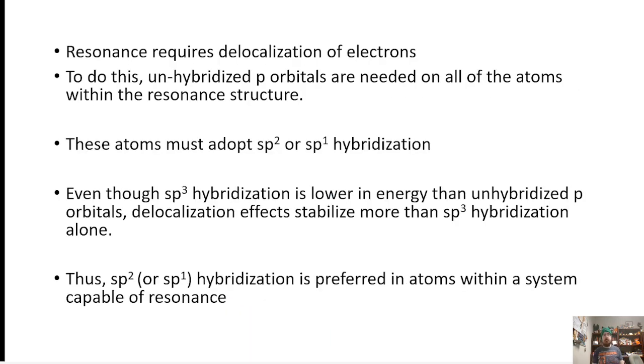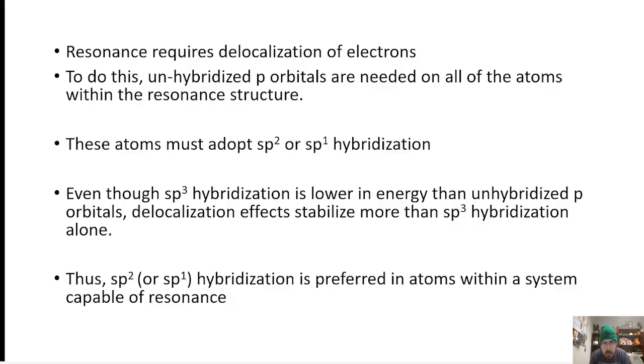Now, resonance requires the delocalization of electrons. To do this, we need unhybridized p orbitals on all the atoms within that resonance structure. Basically, the atoms must have adopted an sp2 or sp hybridization. Remember, the orbitals are s orbitals, which are our spheres, and our p orbitals, which are our double lobes.